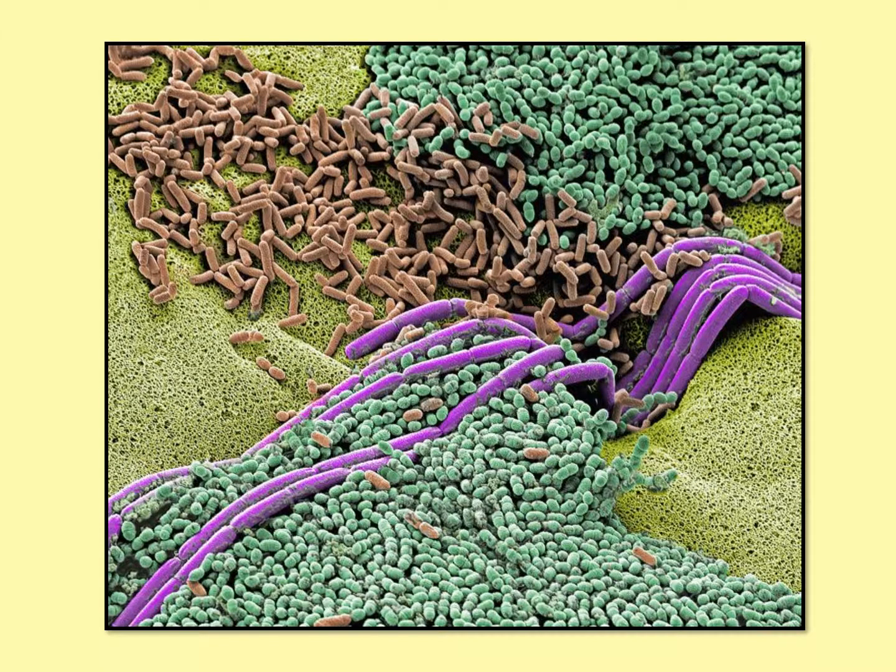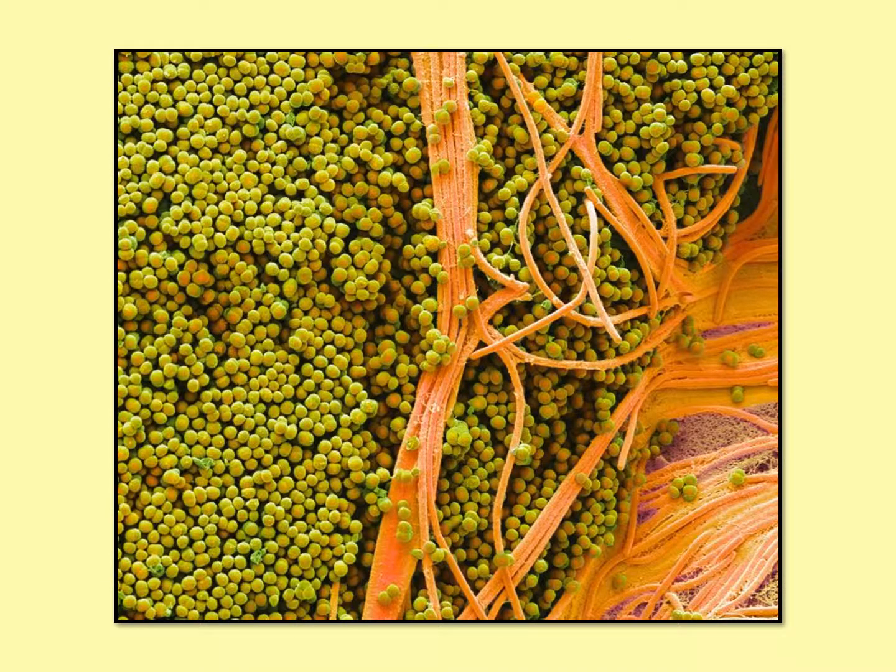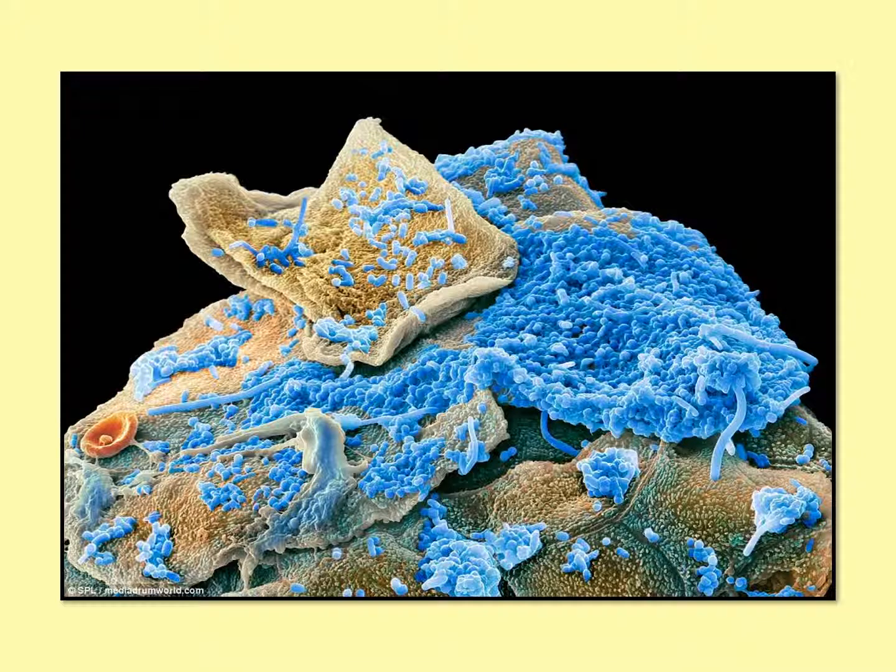This is the bacteria and microbes found on the surface of a cat tongue. This is bacteria from a train door handle, a very common place where we find microbes on a moist surface. This is bacteria on the human tongue and cheek cells.